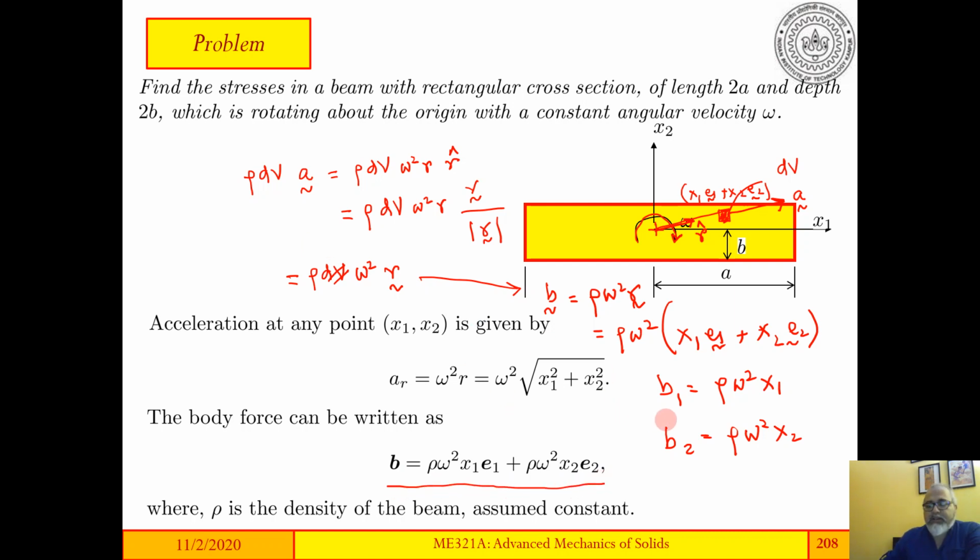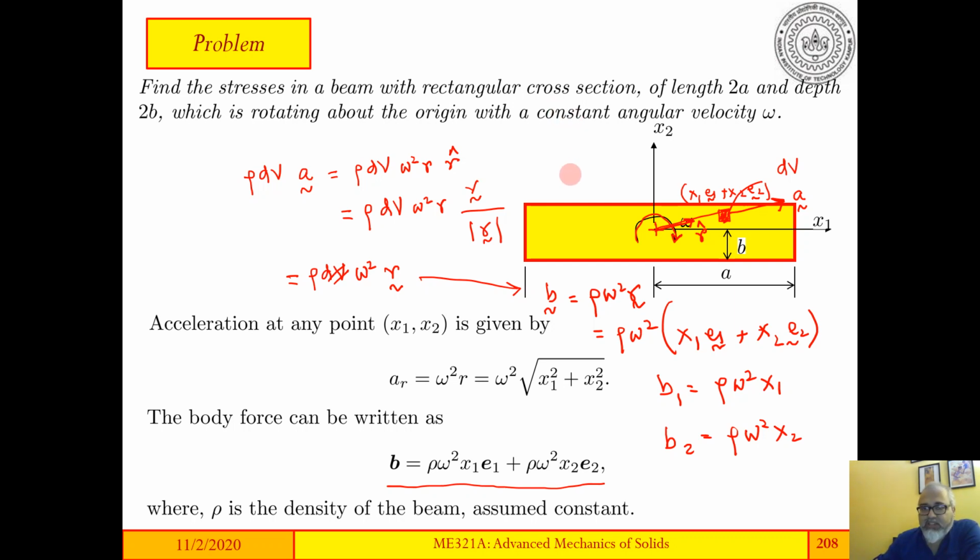Now the difference between this and the previous problem is that in the previous problem you did not have any body forces, so your plane strain and plane stress Airy stress function equations were both biharmonic, del 4 phi equal to 0. But in this case we will assume something. We'll assume plane stress, let's say.